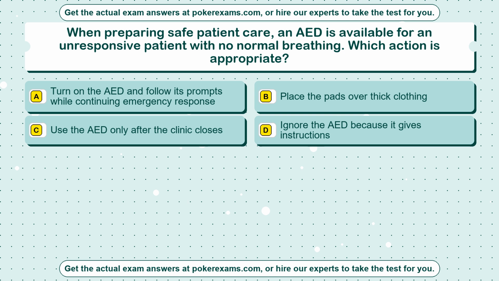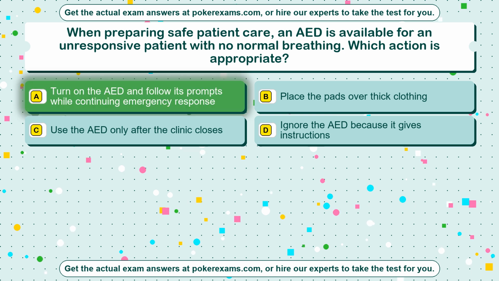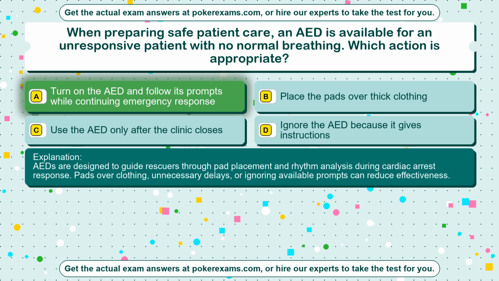Option D, ignore the AED because it gives instructions. The correct answer is option A, turn on the AED and follow its prompts while continuing emergency response. AEDs are designed to guide rescuers through pad placement and rhythm analysis during cardiac arrest response. Pads over clothing, unnecessary delays, or ignoring available prompts can reduce effectiveness.